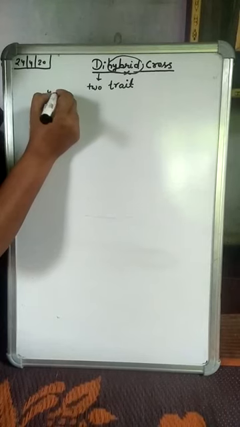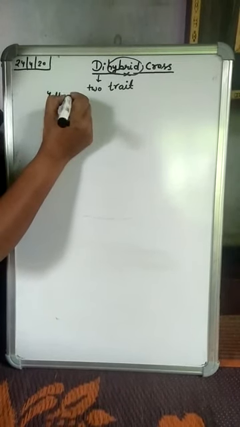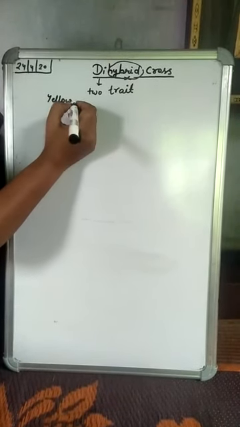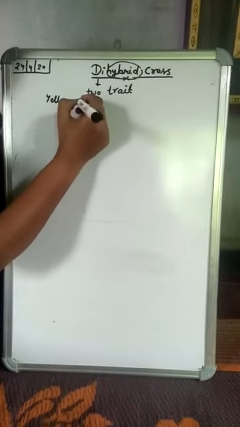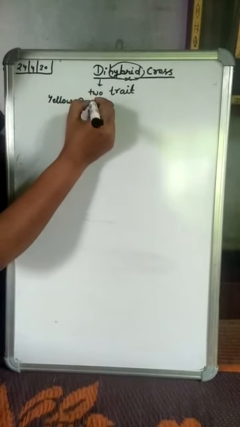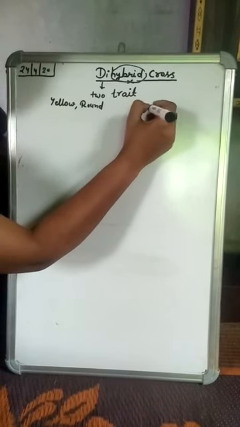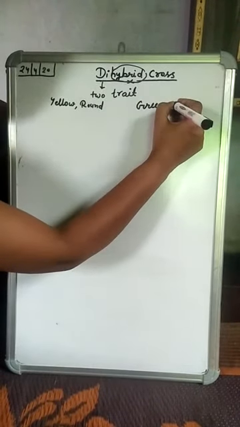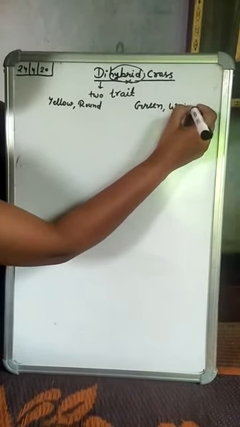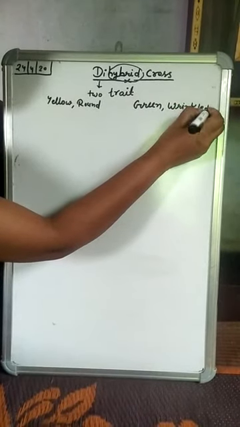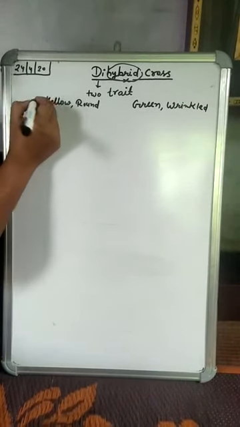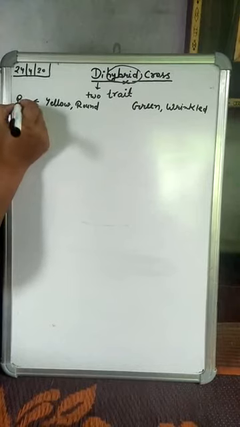As I told you, Mendel chose 7 characters, and for the dihybrid cross, he chose yellow color of seed and round shape, and green color with wrinkled shape. Clear? He chose them as the parent plants.